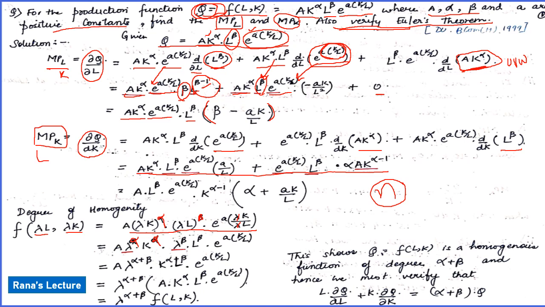Now you see the base is same over here, so the powers will get added. So this is A as it is. This will be lambda to the power alpha plus beta into k to the power alpha, L to the power beta, and e to the power a into k by L, right?